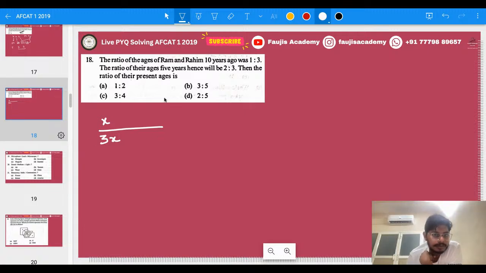If this is the present time, 10 years ago is here, 5 years hence is here. So the difference between these two is how much? 15. So with reference to 10 years ago, 15 years later, both their ages will increase.